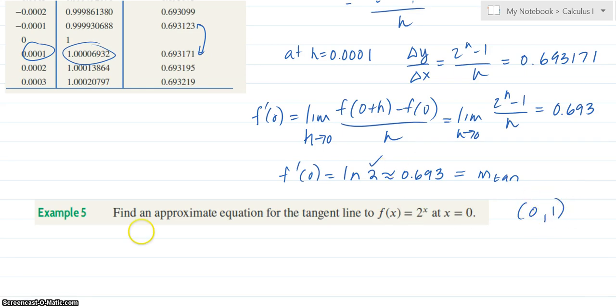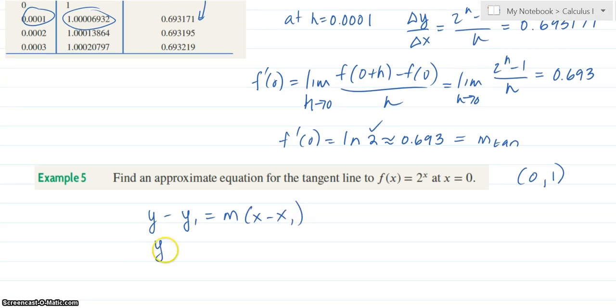So we have the slope and a point. We now can find that tangent line: y minus 1 equals the slope, 0.693, times x minus 0.